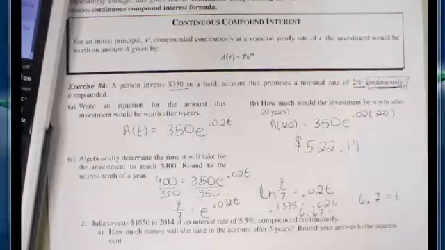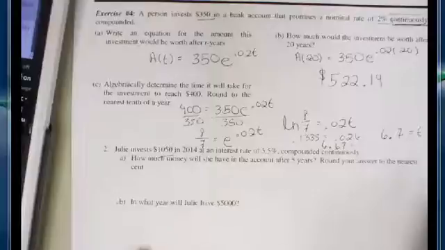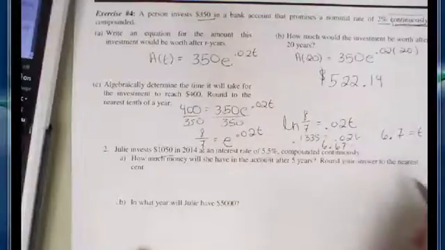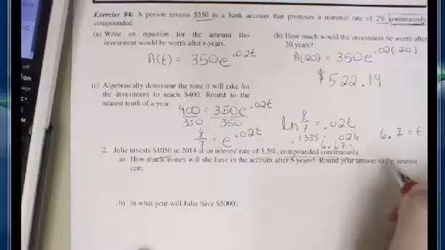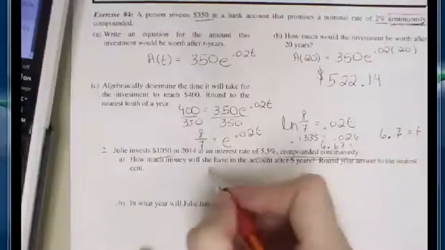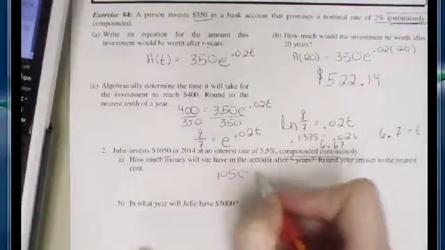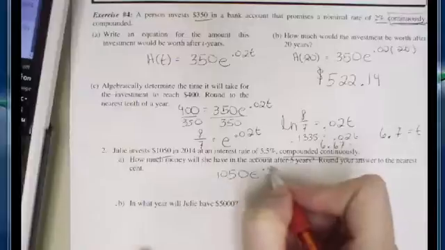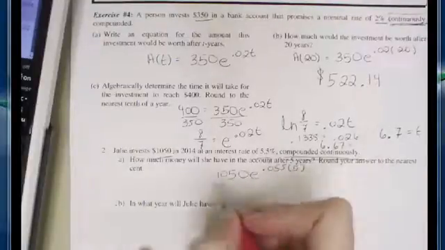Okay, last one. Woohoo! We invest 1050, interest rate, compounded continuously. Fabulous. How much money will she have in the account after 5 years? So let's start. We start with 1050 times e to the 0.055 times the time of 5 years.